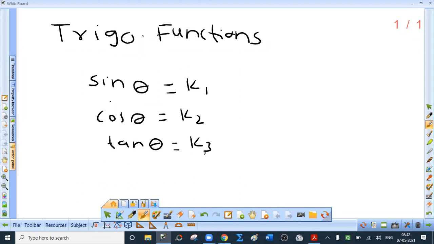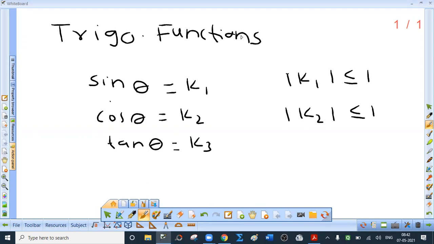What are the restrictions on k1 and k2? Both have to lie between -1 and 1, both inclusive. That is, I can say mod of k1 has to be less than or equal to 1. Similarly, mod of k2 has to be less than or equal to 1, and k3 can be any real number. Okay, so these are the examples of trigonometric equations.